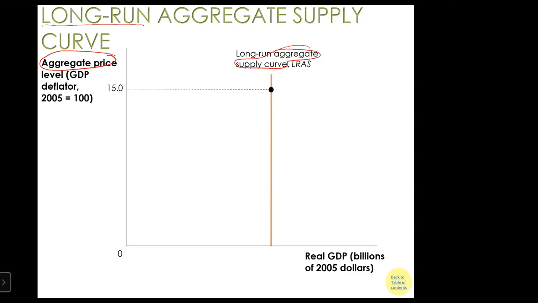Let me write down the earlier equation we've had. The profit of the business per unit is equal to the price of the unit, let's call it revenue, minus the cost. In the short run, the cost in some sense is fixed. If you think about the wage, that's the only cost, but your revenue is going to increase because the price increases. Hence, your profit is going to increase. Now, what happens in the long run?